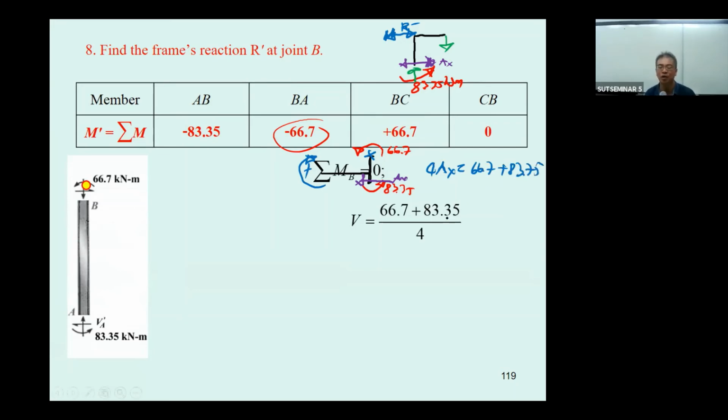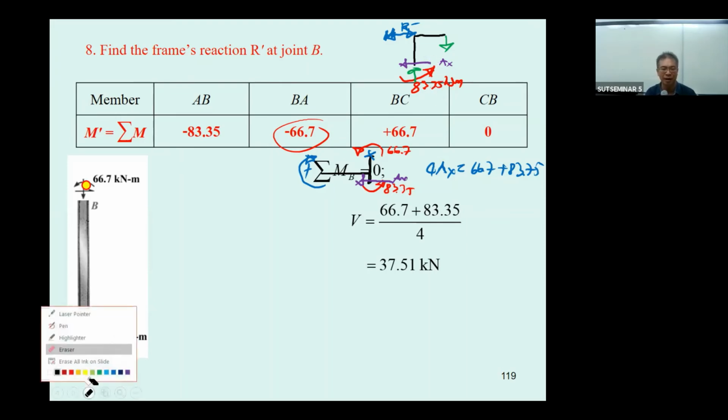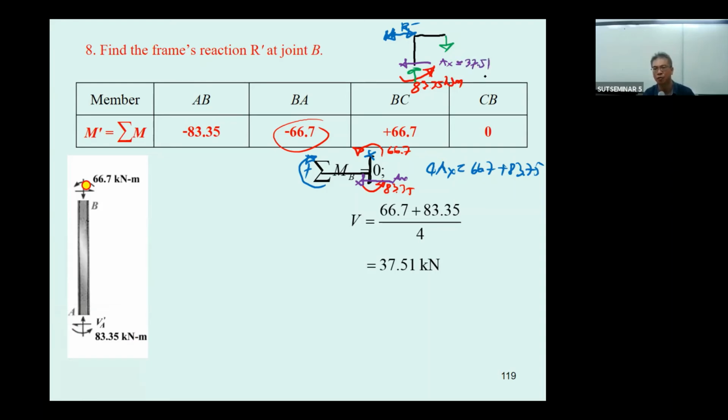So you get this equation. You get the V of 37.51. What we have is this one is going to be the force of 37.51. So the R prime is going to be 37.51.